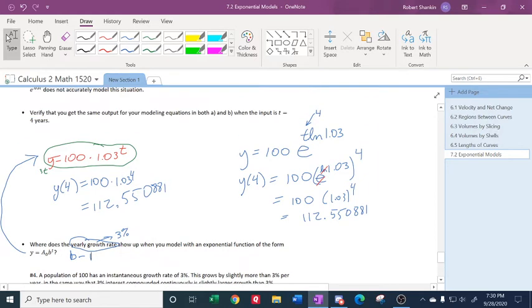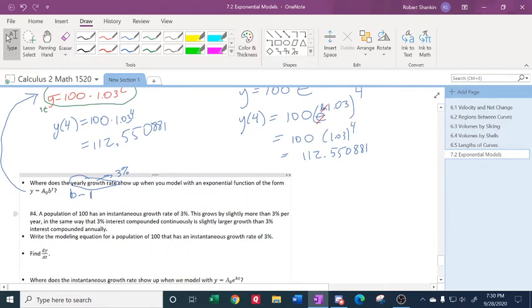So for instance, if you had something like y equals 100 times 2 to the t, that's an initial population of 100, and it's going to double every year. When t equals 0, you start with 100. t equals 1, it's 200. t equals 2, it's 400.